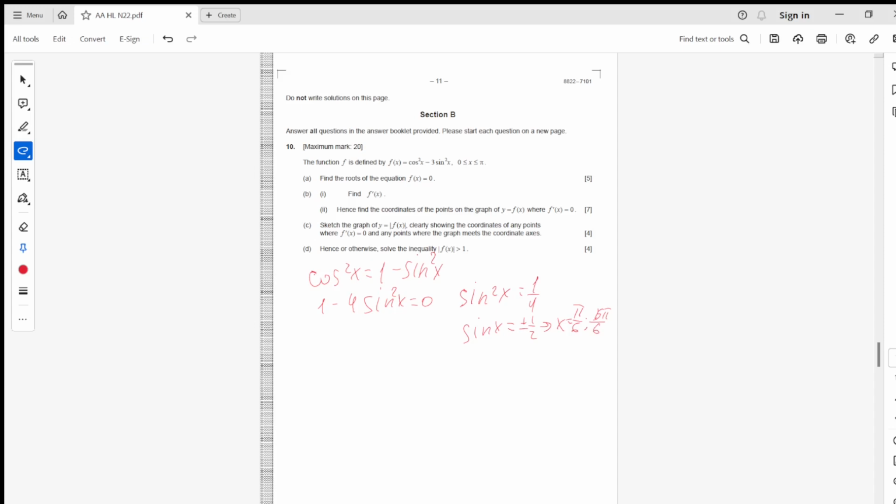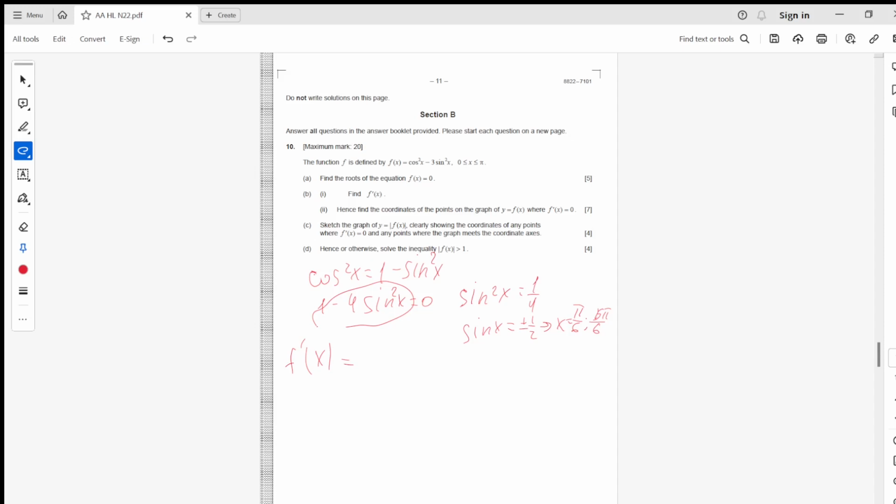The second question, we need to find the derivative of this function. And again, for me, it was easier to find the derivative for this function instead of the initial one. What we will get is just 1.